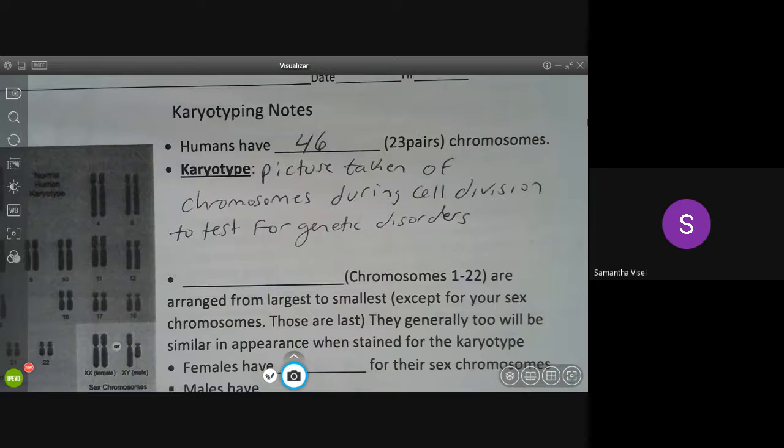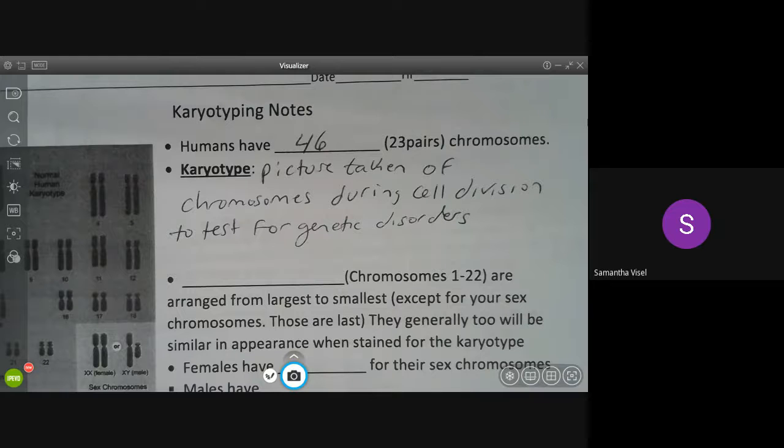The reason why it's taken during cell division is that's the only time when chromosomes are visible. Remember, before cell division, DNA is all loosey-goosey in the nucleus in the form of chromatin. When we start to undergo mitosis, the chromatin condenses into packages that we call chromosomes.